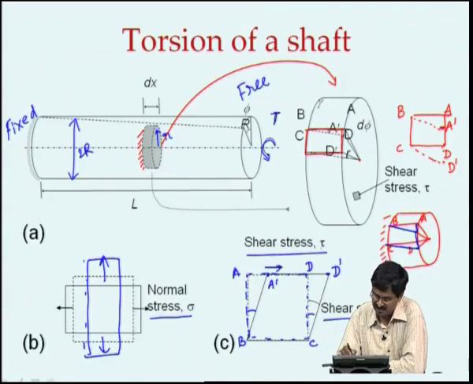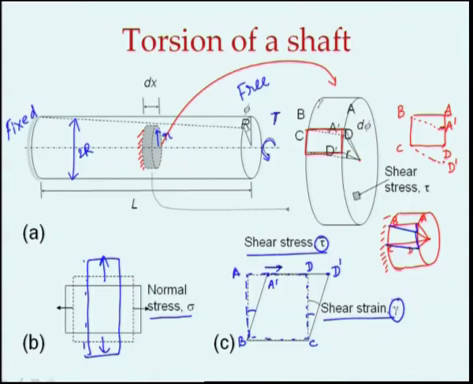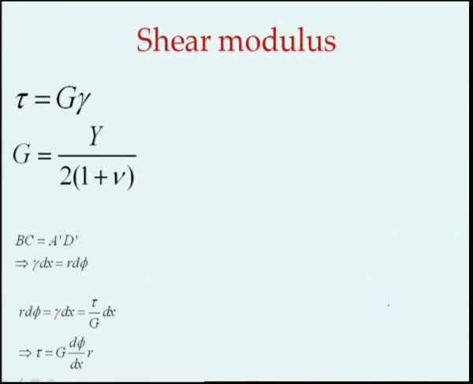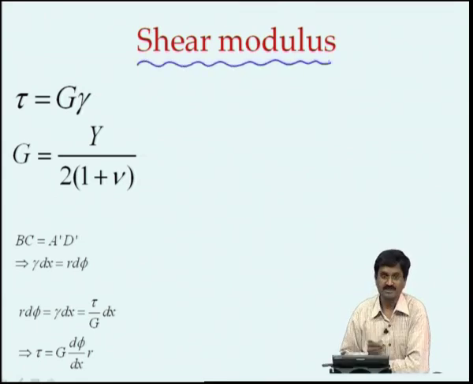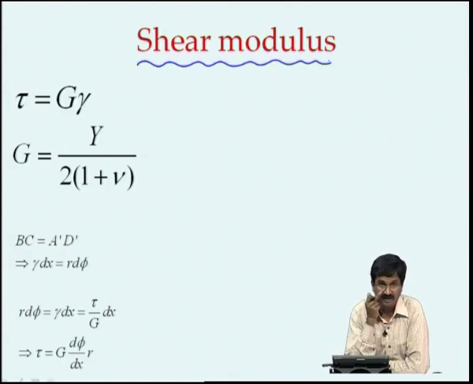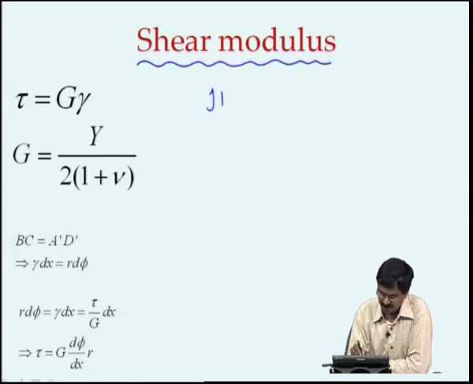We have shear stress, which is denoted by tau, and shear strain, which is denoted by gamma. How are these related? There is a material property called shear modulus. This is similar to Young's modulus, which relates normal stress with normal strain, and that relationship we called Hooke's law. Similarly, this is Hooke's law for shear.